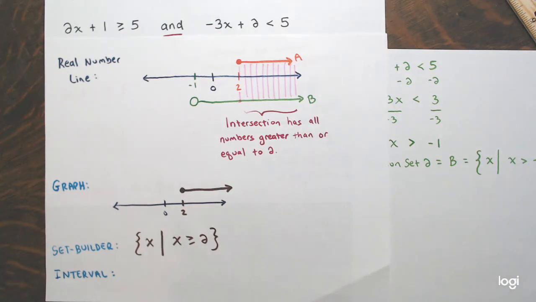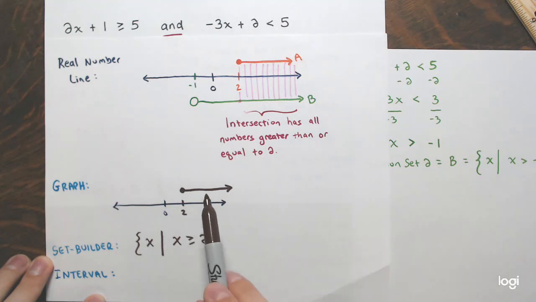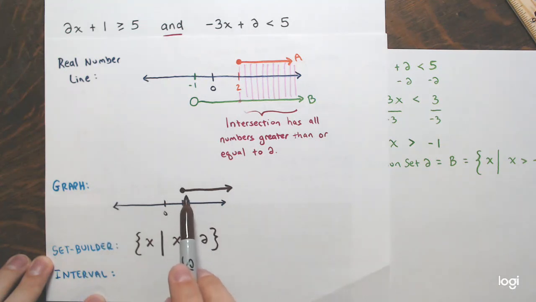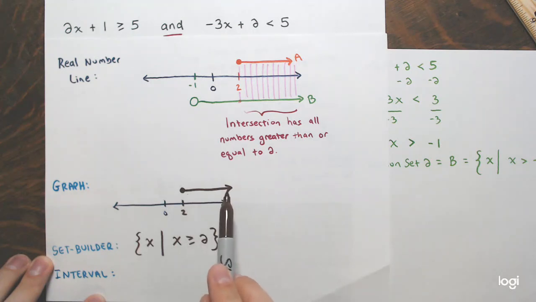Please look up videos on interval notation if you're unfamiliar with it. Hopefully you're not by now, though, if you've seen my videos up to this. So interval notation, we're describing the same set. It's going to mean the same thing as this set here and this picture here. So we go low to high, and look at the set of solutions.